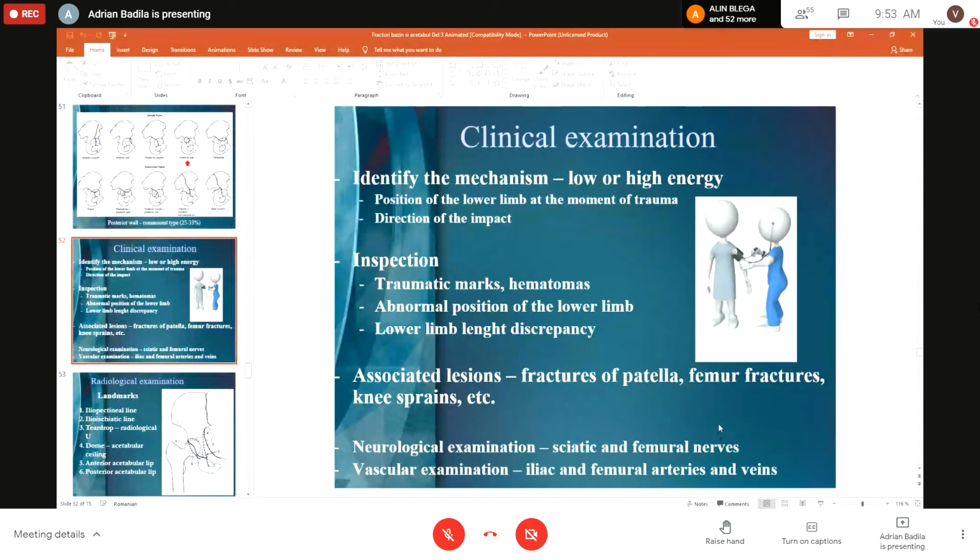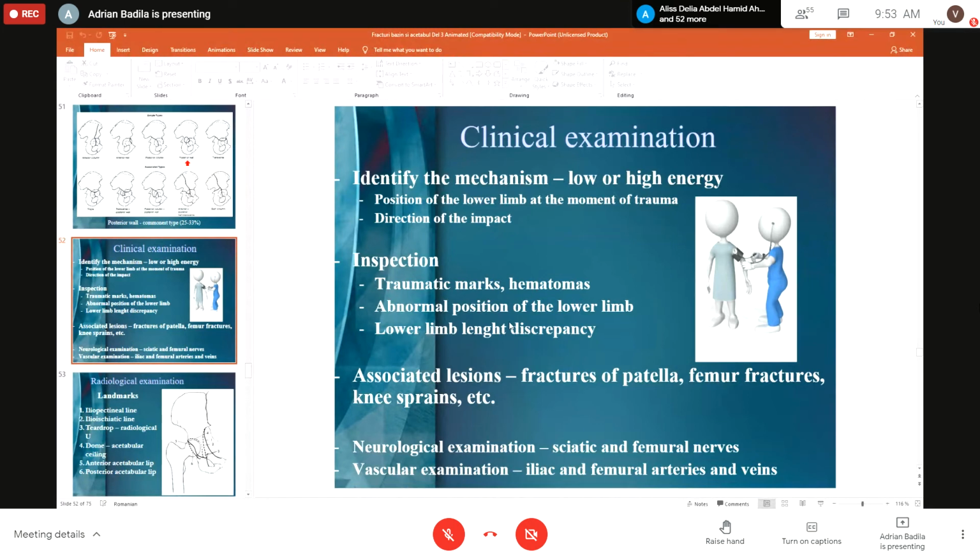At the clinical examination, first we must identify the type of mechanism. If we have a low or high energy trauma, we can inspect the position of the lower limb at the moment of the trauma and the direction of the impact. We can find traumatic marks at the level of the pelvis and at the level of the lower limbs, and also we can see hematomas.